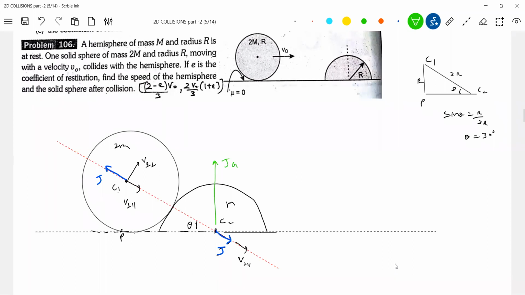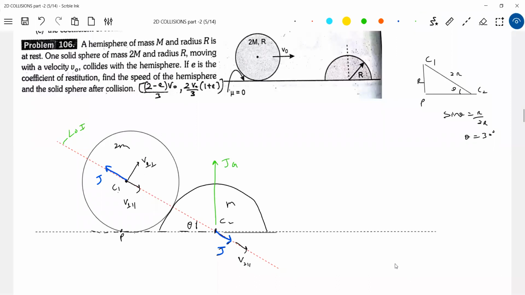So the conservation of linear momentum can be applied along the line of impact? What is the problem? The component of impulse by the ground will come into the picture. So therefore, the momentum should be conserved only along the x-axis. Because of that, net impulse along it, j cos theta, will be 0. So momentum is not conserved along the y-axis and also along the line of impact.